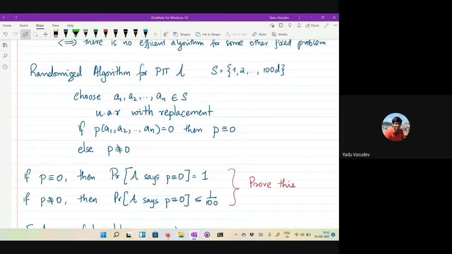So here, the random variables are basically the set of values a1, a2 up till an that you get when you sample. And we were interested in the event that for these set of values, the p evaluates to 0. So we want to understand the behavior of these random variables. In the first case, we will be very explicit.